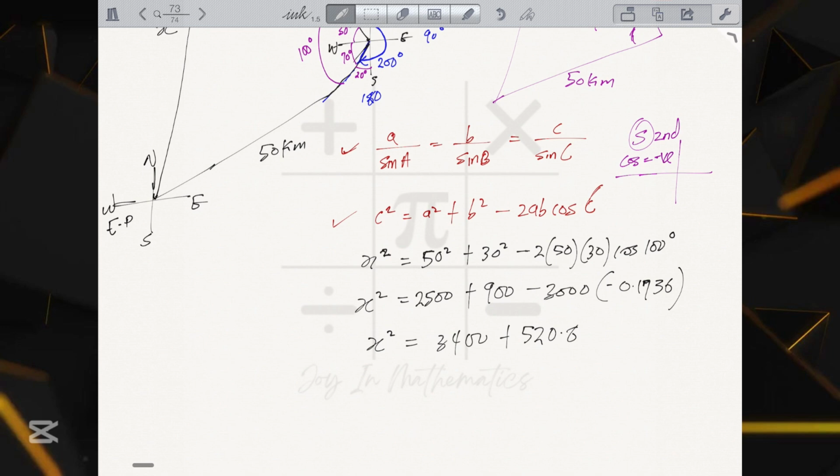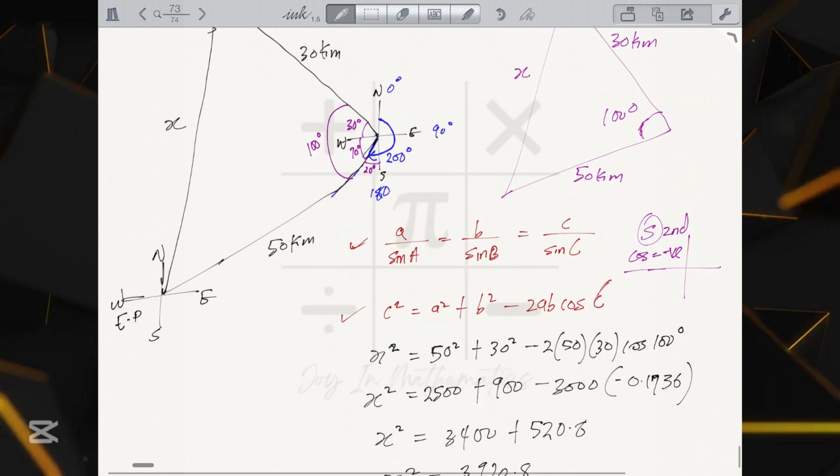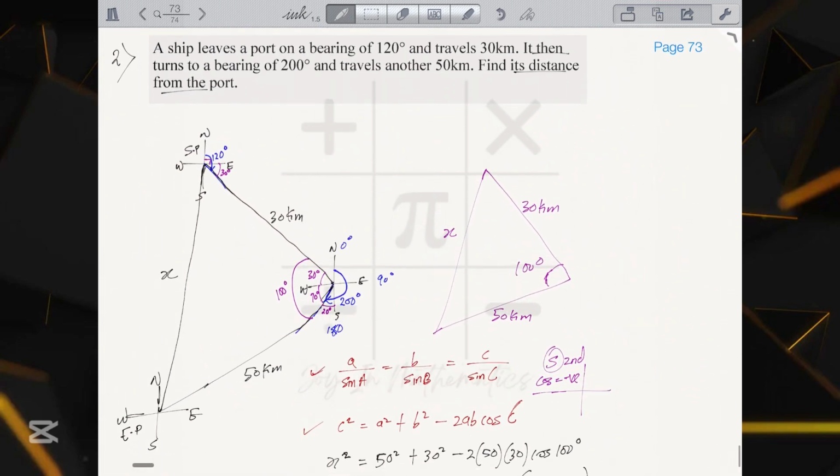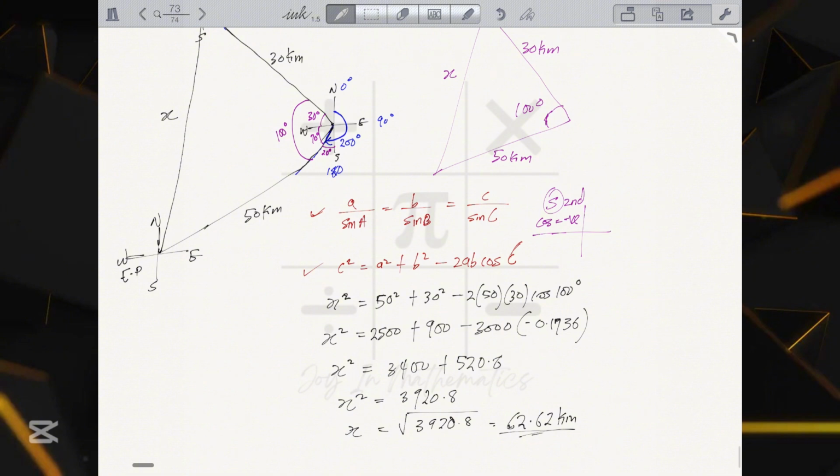We will have x squared equal to 3,920.8, and the distance will be the square root of 3,920.8, which is equal to 62.62 kilometers. The question says we should find its distance from the port. The distance from the port is 62.62 kilometers.